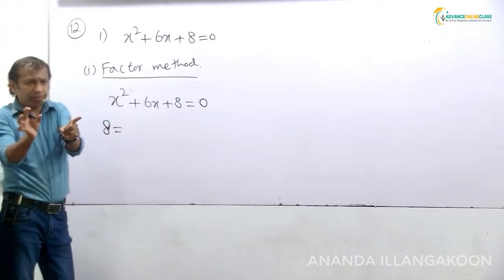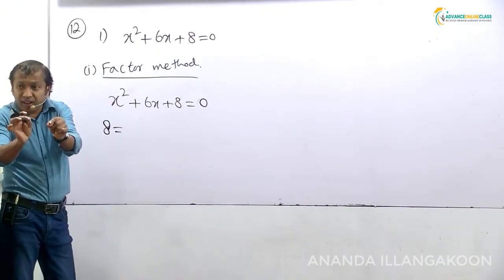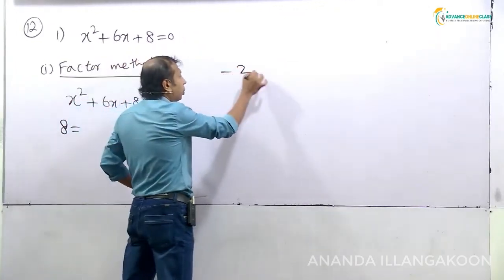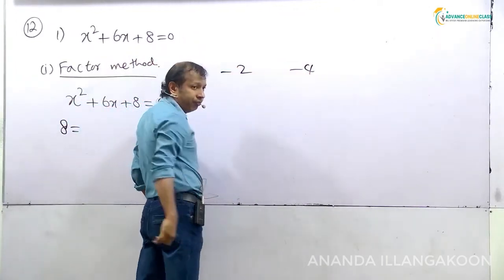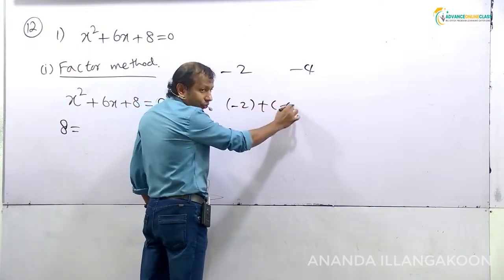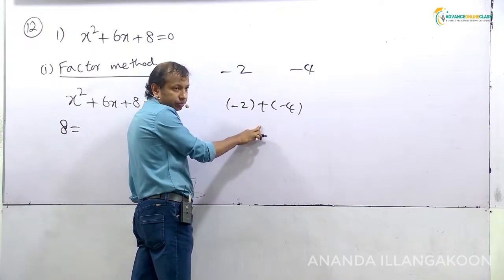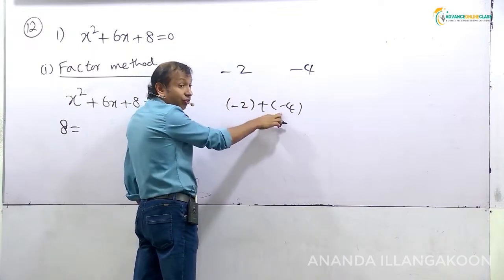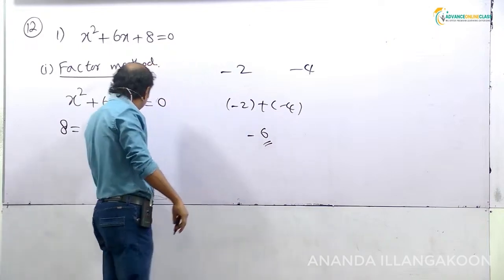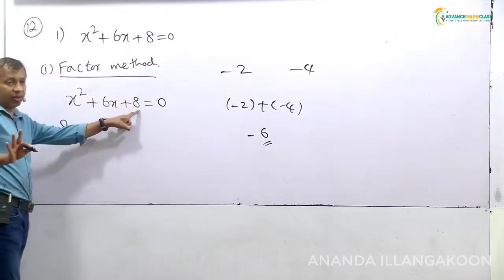What is meant by algebraic sum? Sum with their own signs. For instance, now we have minus 2 and minus 4. What is the algebraic sum? Minus 2 plus minus 4, with the signs, we take the sum. That is called the algebraic sum. Tell me, what is minus 2 minus 4? Minus 6. Understand?